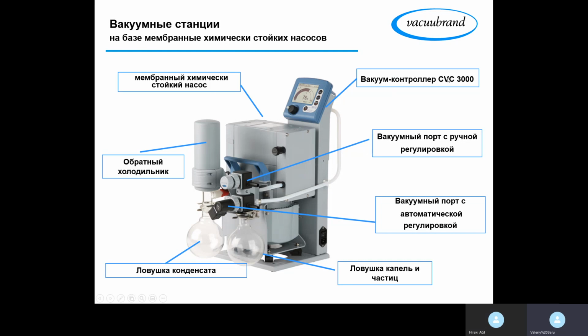Now they have the controller called CVC Pro, as far as I remember. What we can do with the controller is still the same. They just redesigned it, and they made a touch screen instead of the buttons, and it became a color one.